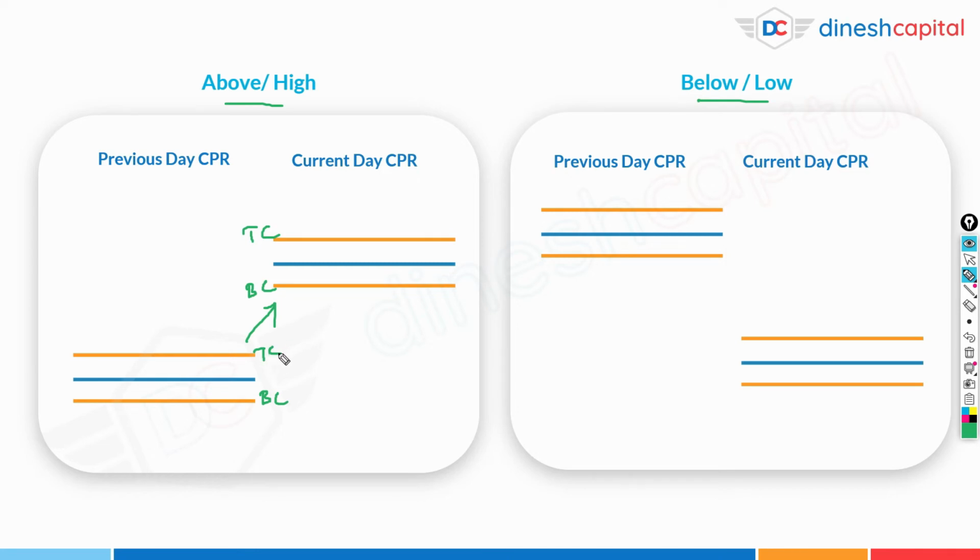In this situation, as it is a higher value, we have a bullish sentiment. Next we have a below or lower situation. Here the current day CPR is lower than the previous day CPR, which means the current day top central pivot is lower than the previous day bottom central pivot. In this situation, we have a bearish sentiment for the day.